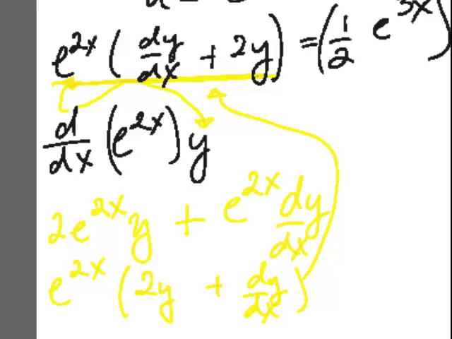Okay, so what you can do as a rule of thumb is whenever you get to this step where you multiply both sides by the integrating factor, the left hand side is always going to be just the integrating factor times your y. So here's my integrating factor, there's the y, and you put a d dx in there to let the person know that these two are equivalent.